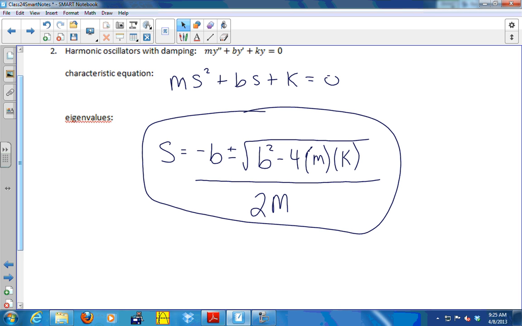So negative b plus that, what's the sign going to be? Negative. Negative b plus a positive amount that's smaller than b, so you end up with a negative. 2m is positive. So in the case where b squared minus 4mk is positive, this is a sink. We're going to have two negative eigenvalues.